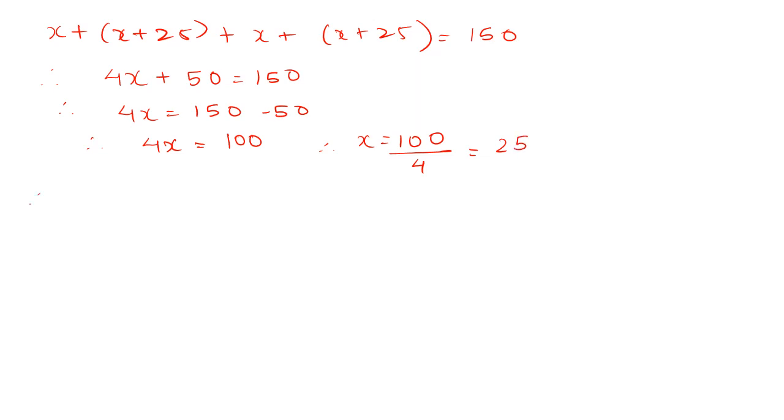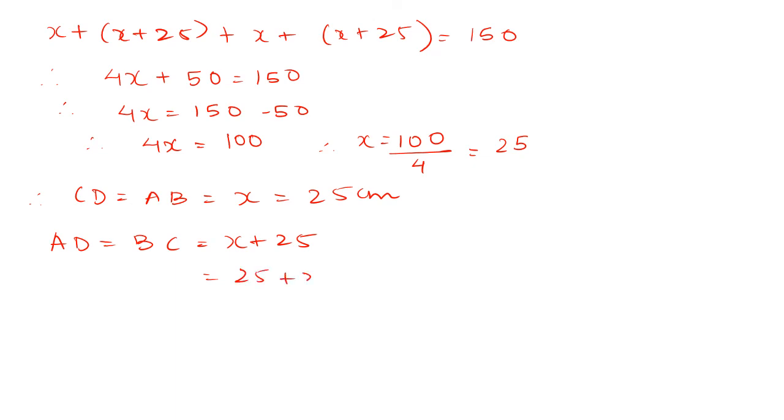Therefore, we have found that CD is equal to AB is equal to x, so that is equal to 25 centimeters. Whereas AD is equal to BC is equal to x plus 25, that is 25 plus 25, that is 50 centimeters. So what are the lengths of the sides of the parallelogram?